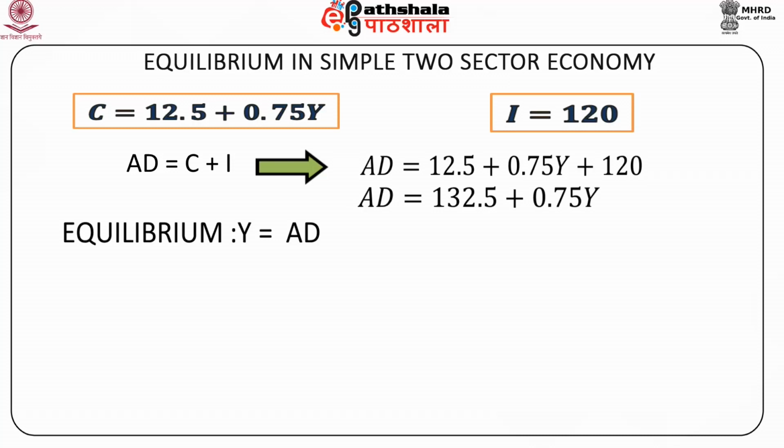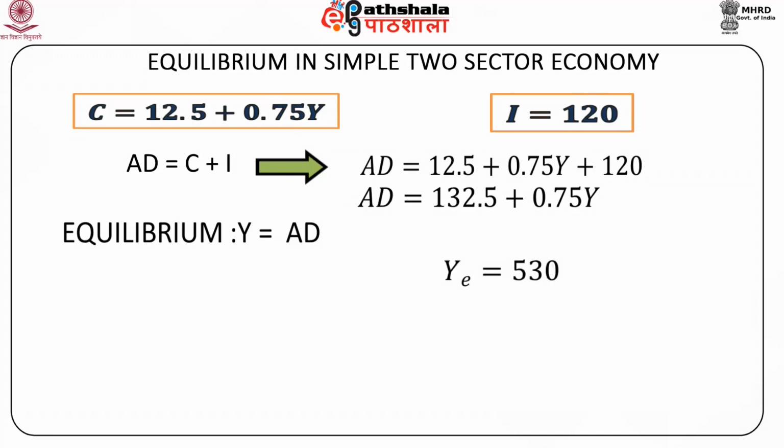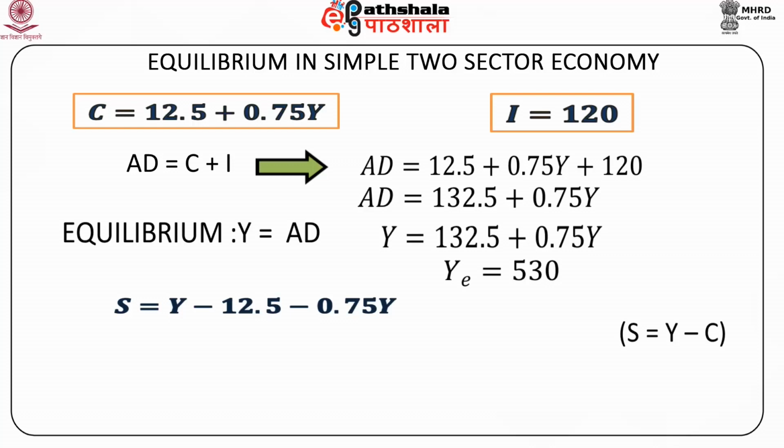Also, y is equal to C plus I and S is equal to I at the equilibrium. Therefore, we can show that S is equal to y minus C, that is, S is equal to y minus 12.5 minus 0.75y, which is equal to 0.25y minus 12.5.